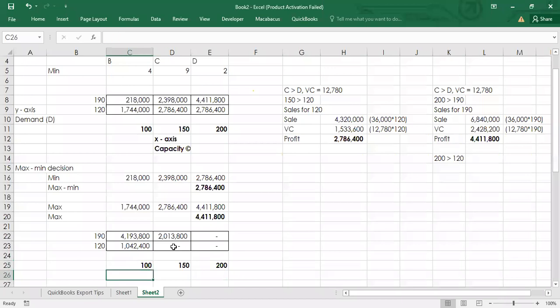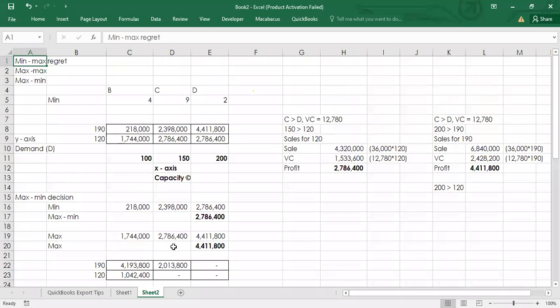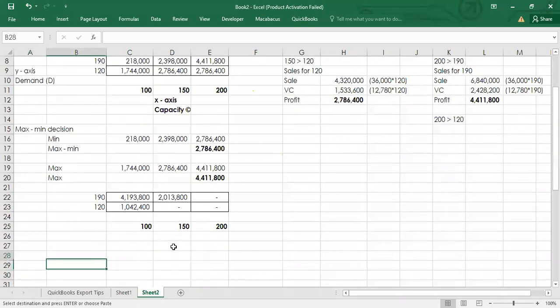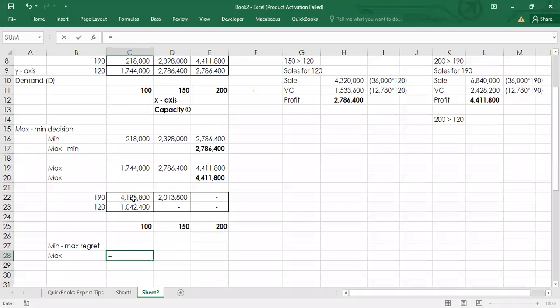They said minimax. Minimax means that you first bring the maximum, choose the maximum from the table. In this case, the maximum for 100 is 4.1, then for 150 it is 2.0, then for 200 it is 0.